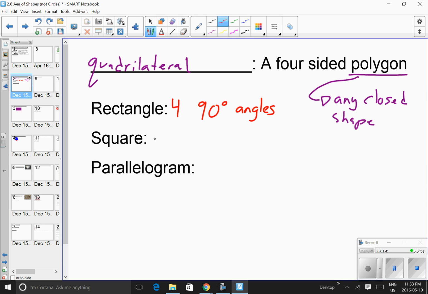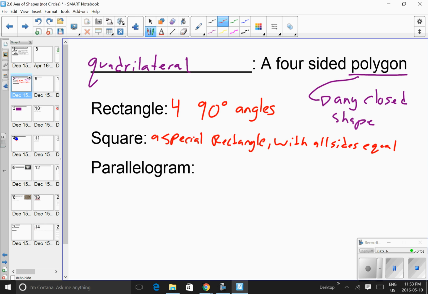A square is a special rectangle with all sides equal. So that also means that it has four 90-degree angles, but it also has all sides equal.